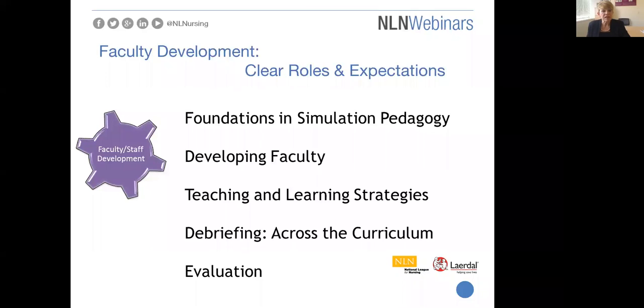And I think simulation has become, for us, we like to say here at the NLN that it's the Trojan horse for changing what we're not doing well in nursing education. It helps us to engage our students in the doing. And so to better understand the use of sim and how easily that can be transferred into all settings across the curriculum. And then debriefing has received a lot of attention in simulation, because that is really where the learning occurs.